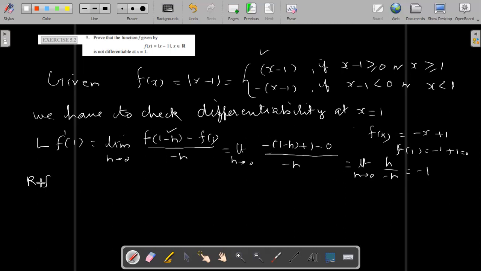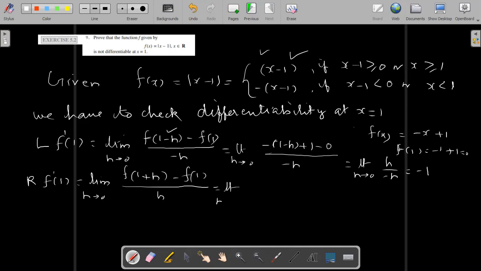Then the right hand derivative at this point is limit again h tending to 0 of f(c plus h), that is f(1 plus h), minus f(1), divided by h. Now we use the formula f(x) is equal to x minus 1.